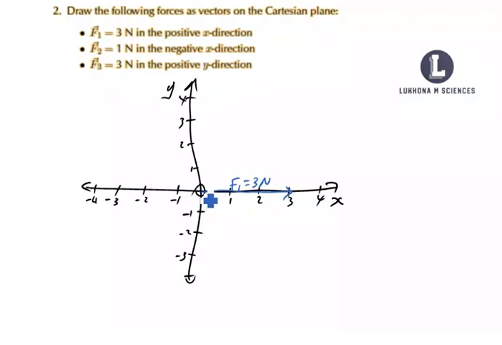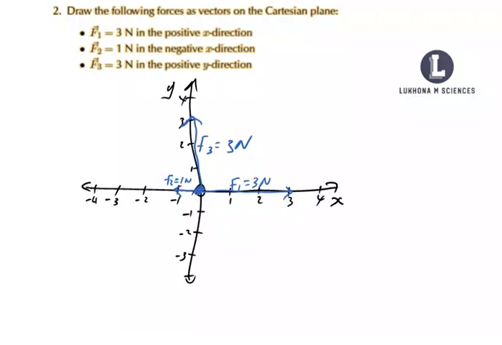This is force number 2, which is 1 newton in the negative direction. Then we have 3 newtons in the positive y-axis. That is force number 3, which is equal to 3 newtons in the positive y-axis. So this is the origin, that is 0, 1, 2, 3.